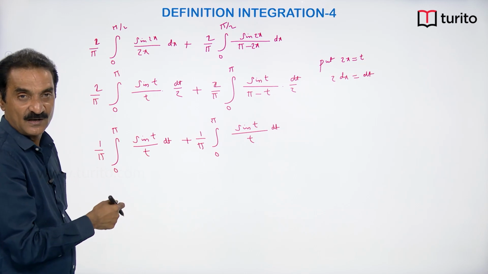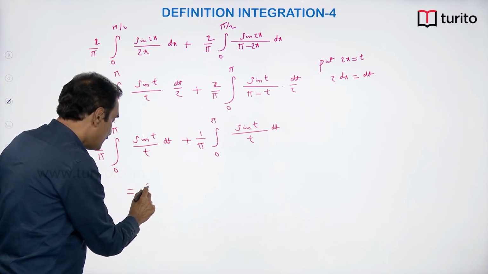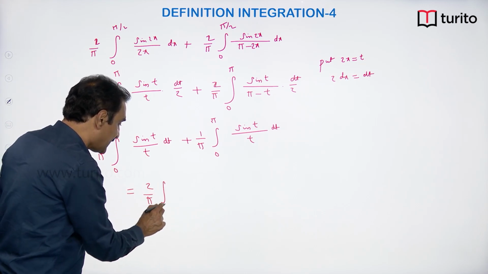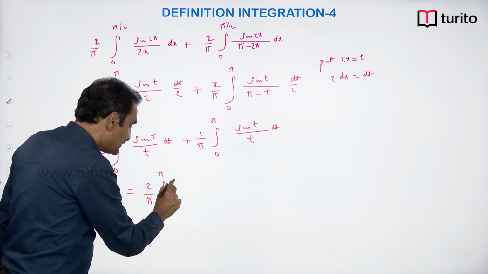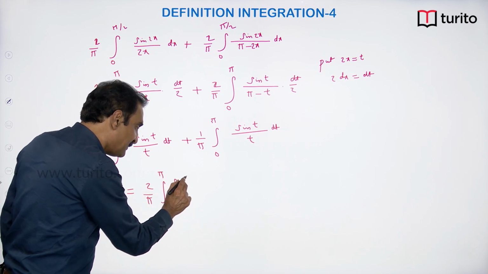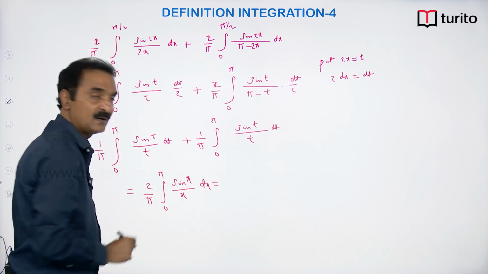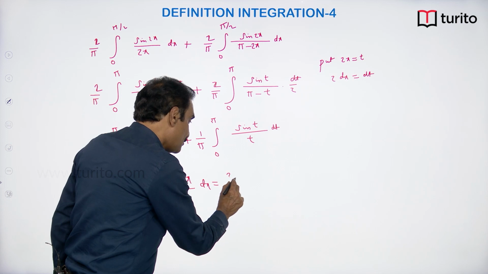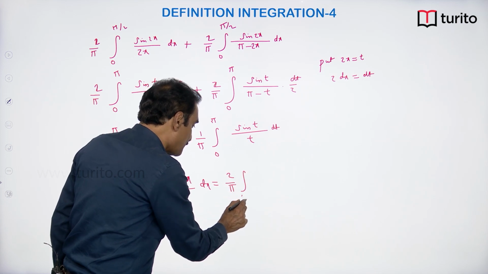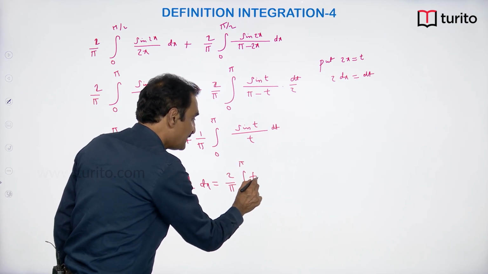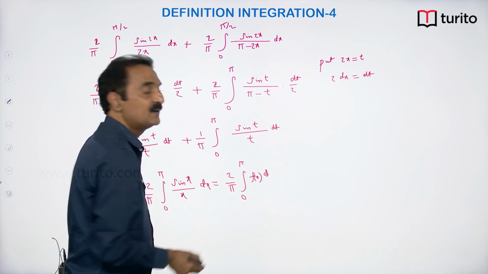So this and this are equal, so adding them we can write 2 by pi integral 0 to pi sin t by t dt, means we can write sin x by x also, which is equal to 2 by pi integral 0 to pi f of x dx.